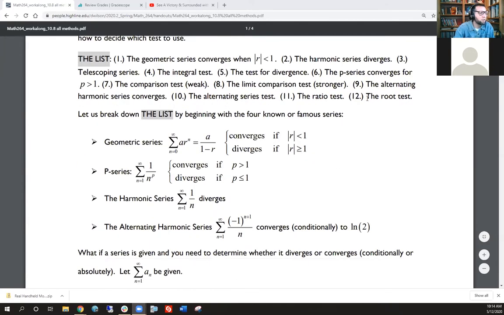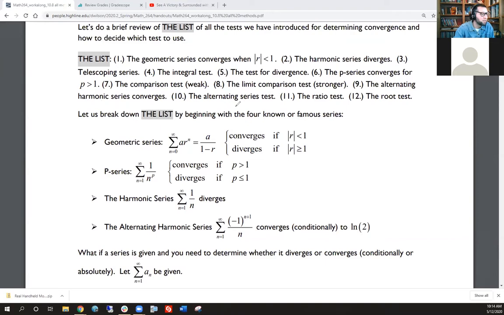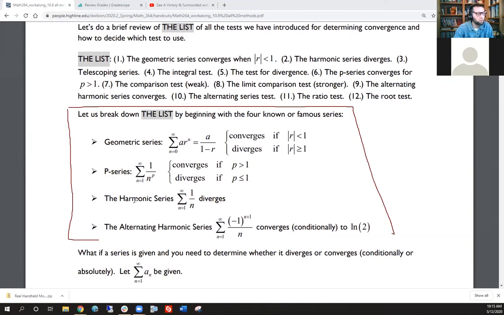So I want to start by pointing out that there are 4 famous series that we played with. And so we've played with the geometric series, the p-series, the harmonic series, and the alternating harmonic series. These are like famous examples that get referred to. They generally speaking don't fully answer a question, but they're easy examples that we'll refer to, especially when we're doing things like comparison tests.